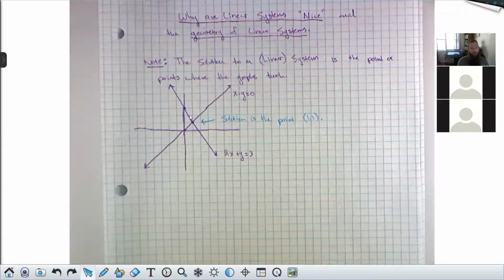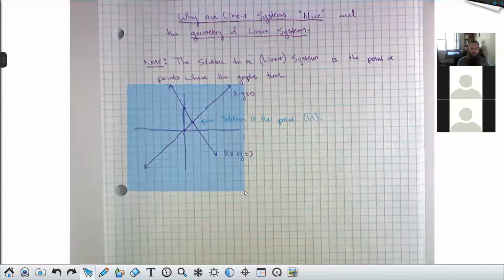But in this case, we can. And the geometric interpretation here, the fact that the solution to the linear system is the point where these two lines touch, is what's going to tell us why these systems are nice. Because two lines can only touch in so many ways. They're straight lines. They only have so many possibilities.